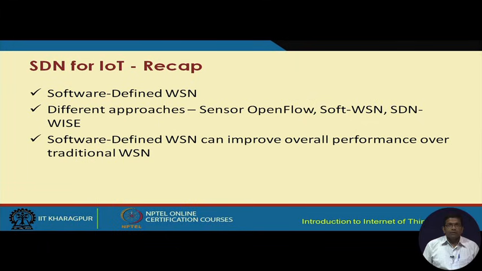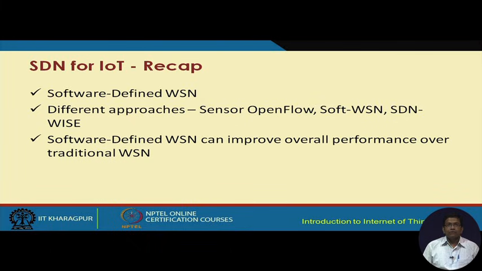So, what we have already discussed in the first part of the SDN for IoT lecture is that we have sensor networks, and software defined networking can be used to improve the performance of sensor networks. We have different SDN approaches for WSNs, like Sensor OpenFlow, Soft-WSN, and SDN-WISE, which are already available in the literature.